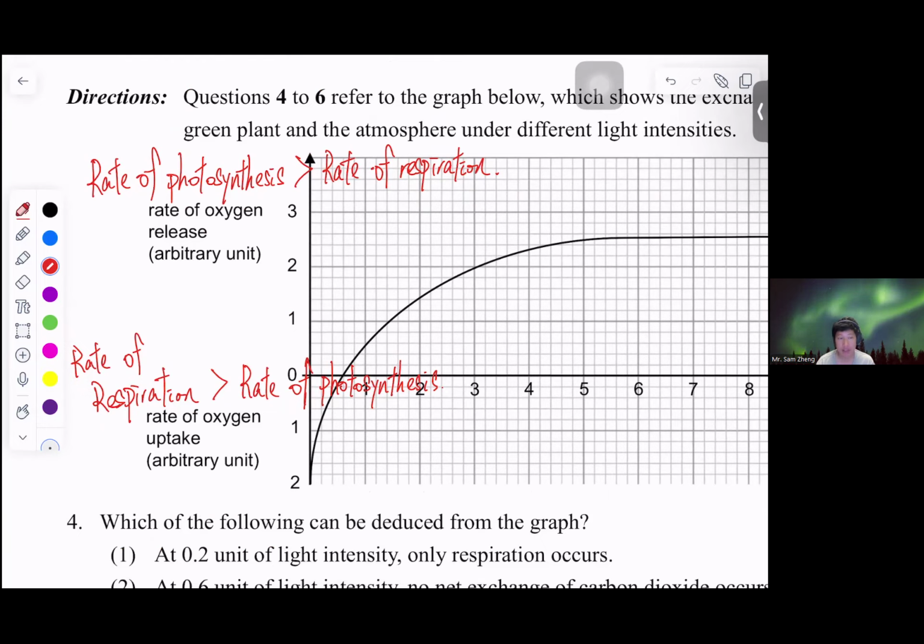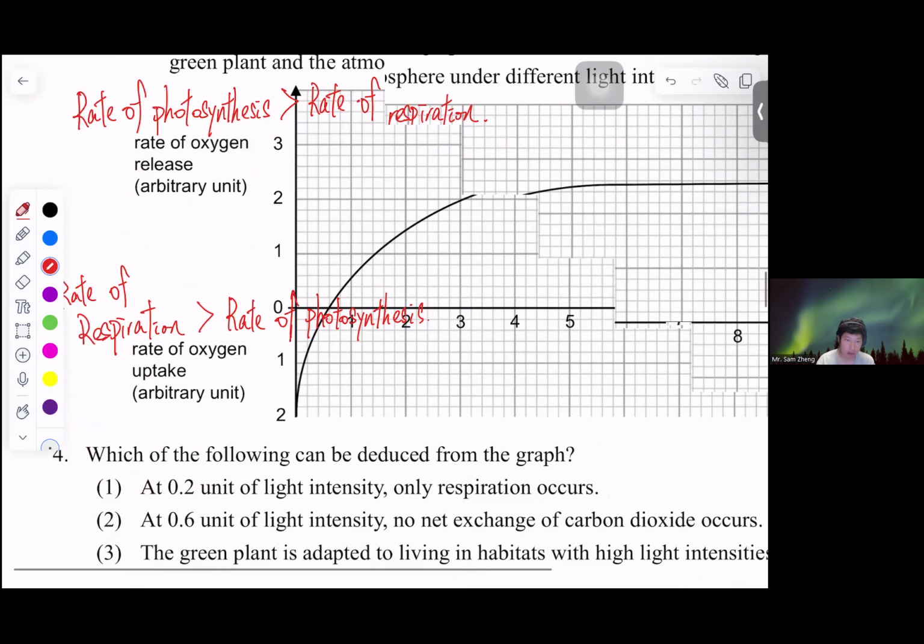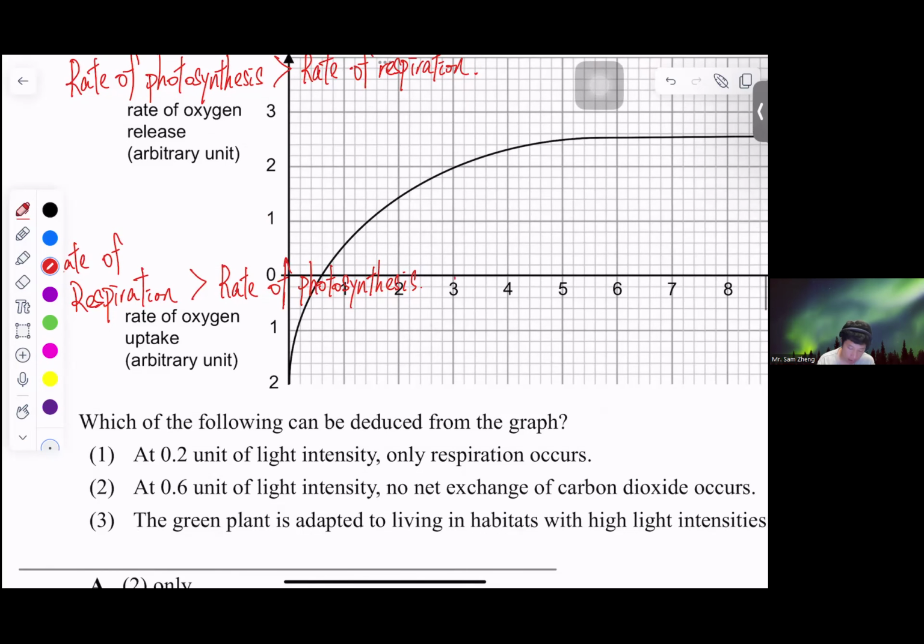But if the rate of respiration is higher than the rate of photosynthesis, then there will be a net uptake of oxygen. So in this picture, if it is below 0, this shows a net uptake.